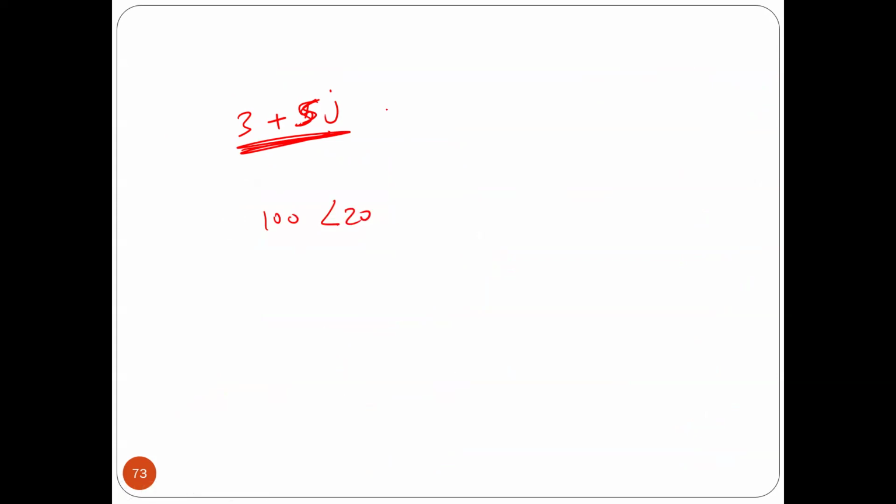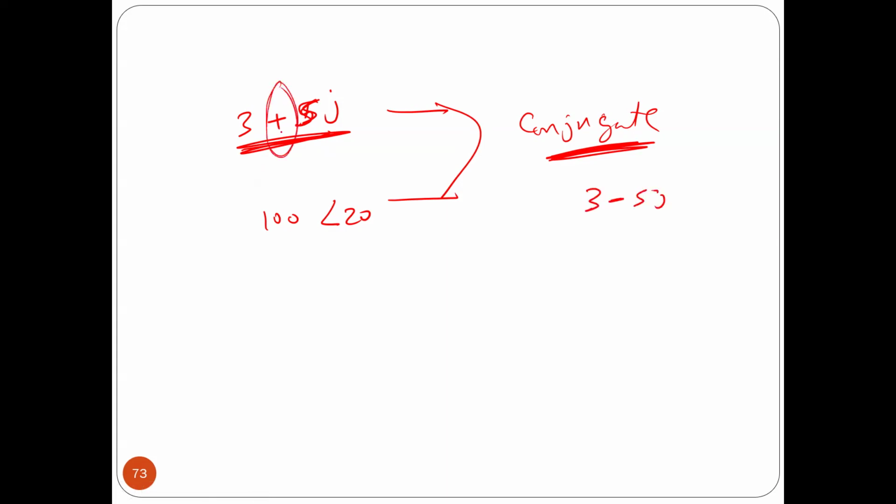Then we take the conjugate of this number. The conjugate of this number should be 3 minus 5j. So if this one is positive, you make it negative; if it's negative, you make it positive. Okay? So this complex number is the conjugate of that complex number.